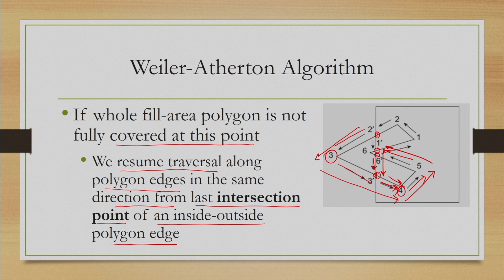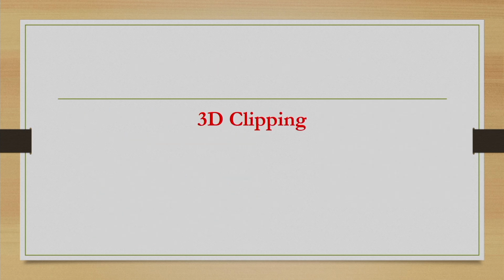Then we get this remaining portion of the clipped area also, just like the way we got it earlier. So, that is how Weiler-Atherton works. We discussed 2 algorithms, one is Sutherland-Hodgman, one is Weiler-Atherton.